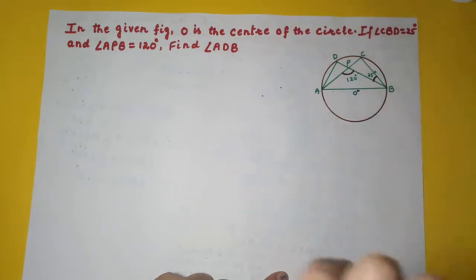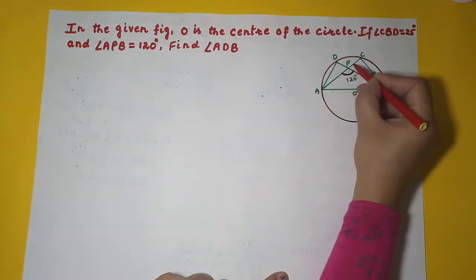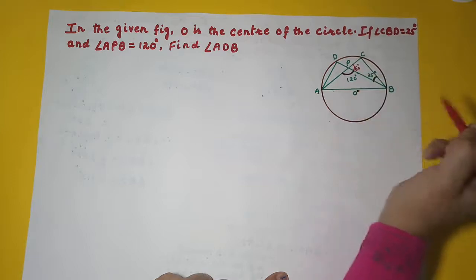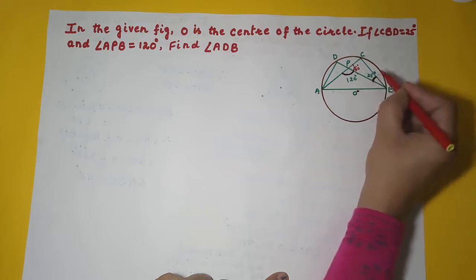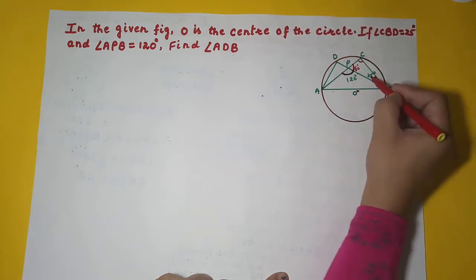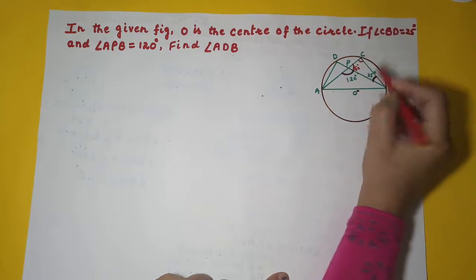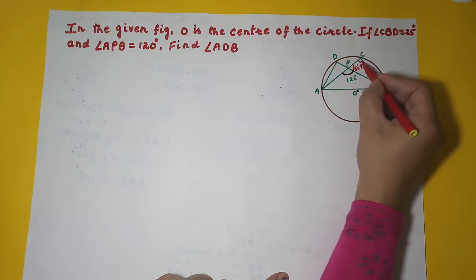Now, how will I use this data? If you look at this, this is 120, so you can calculate this angle as 60, supplementary angles. Now, if you take triangle BPC, this angle is given, this angle is given, so you can calculate this angle. 25 plus 60 is 85, 180 minus 85 is 95, so you got this angle.